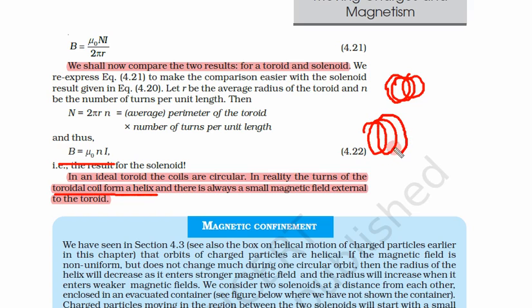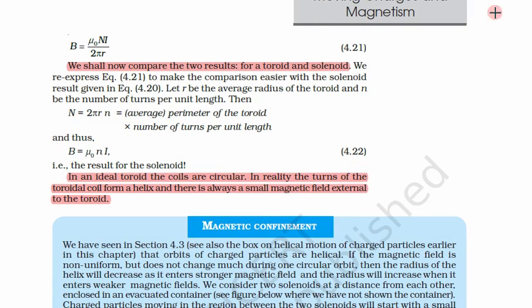Coiling is always a helix. So because of that, there is always some magnetic field outside the toroid. What we have seen here, outside the magnetic field was 0, but in reality we have assumed that this is a circle, while nothing can really be a circle, this is only a helix. Because of the helix there is some magnetic field outside the toroid as well.